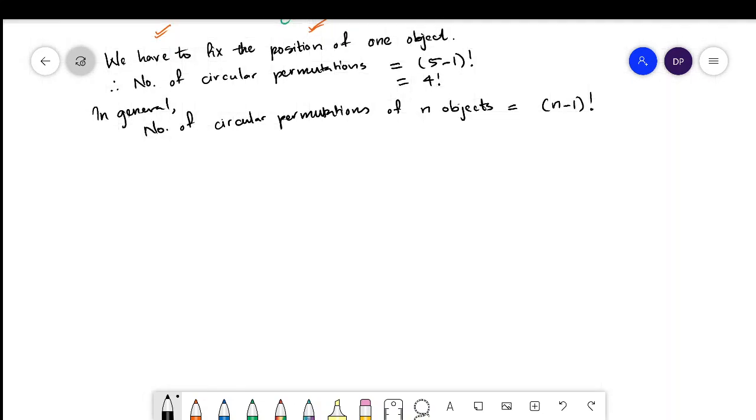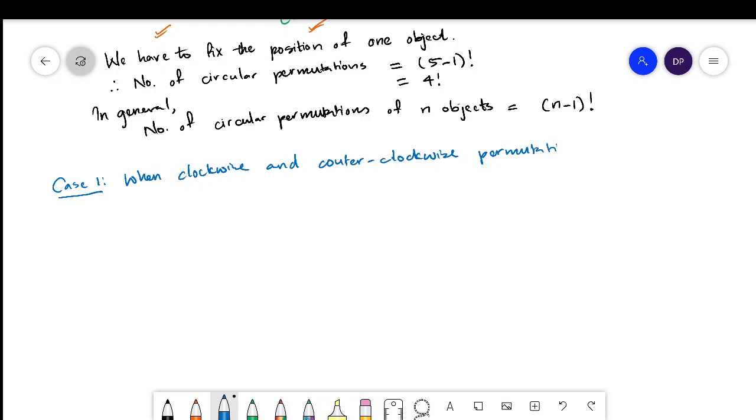Case 1: when clockwise and counterclockwise or anti-clockwise arrangements are distinguishable.